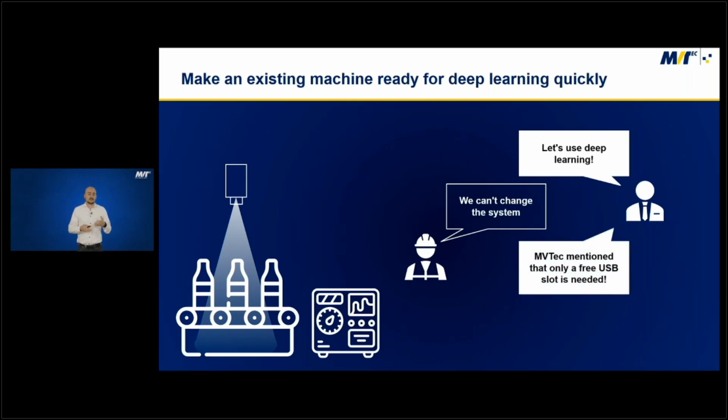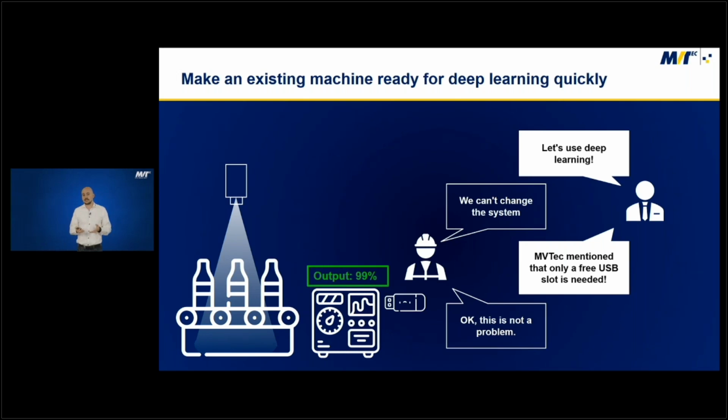So as you've seen on the slide before, Intel Openvino also supports some kind of USB stick, which is able to be used as a deep learning accelerator. By this Openvino Toolkit plugin for Halcon, you can simply use this USB stick of Intel, plug it into your machine, since a USB slot mostly is available on your machine, and then you are able to run deep learning on it.